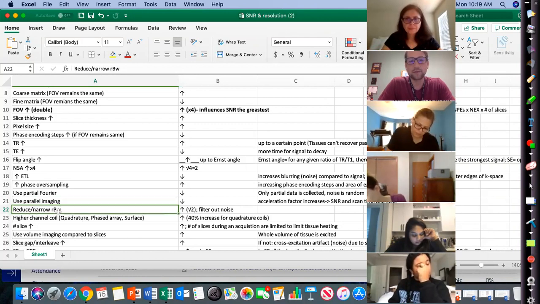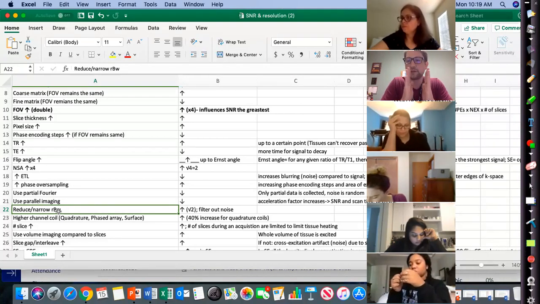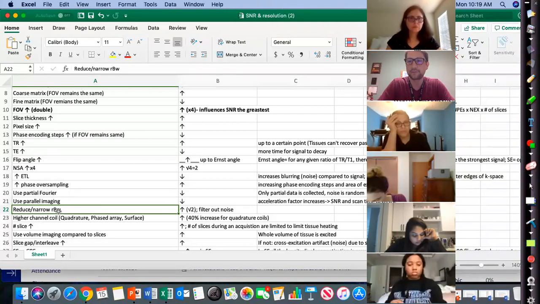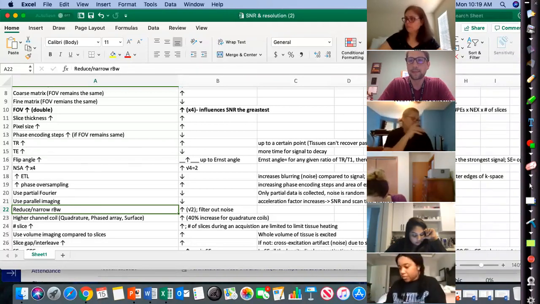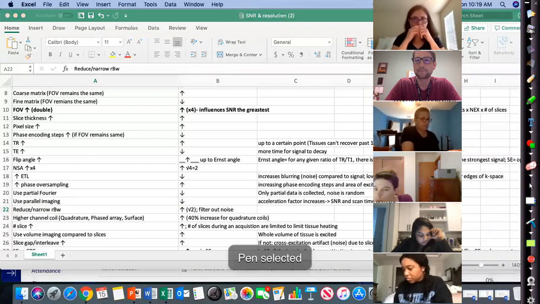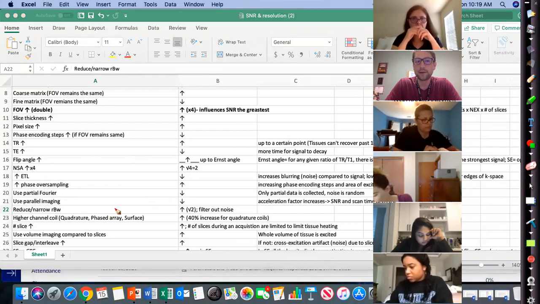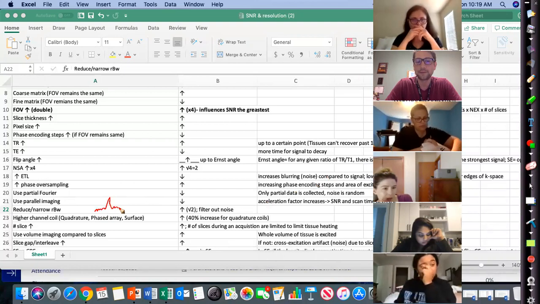We did talk about having a narrow or reduced receiver bandwidth and what that does to our signal. Our signal amplitude actually increases because we filter out the noise. Our noise typically peaks in the middle and trails off at the beginning and the end because it's rephasing and then dephasing.